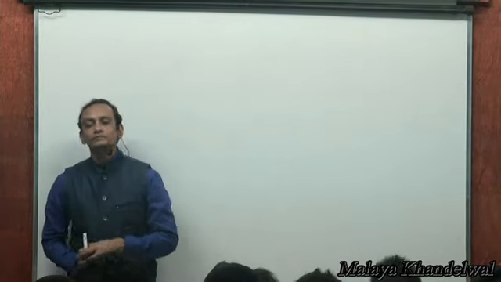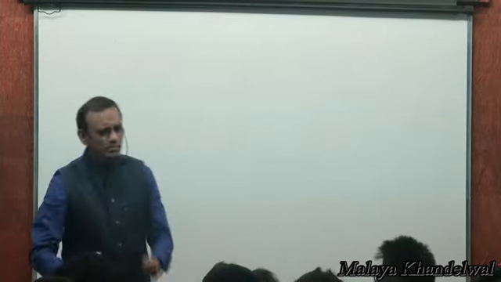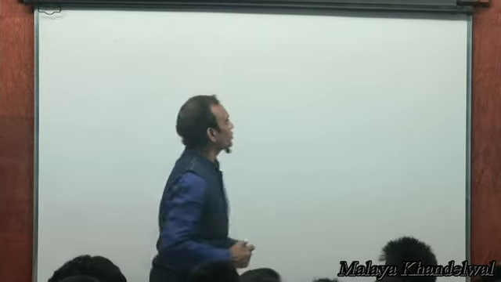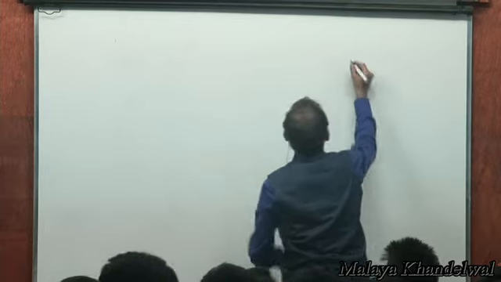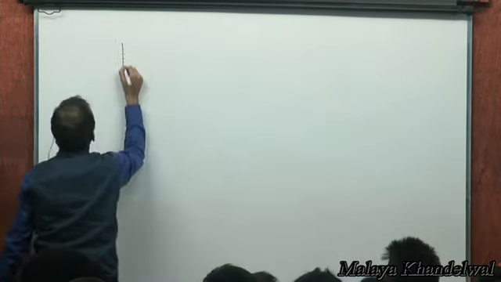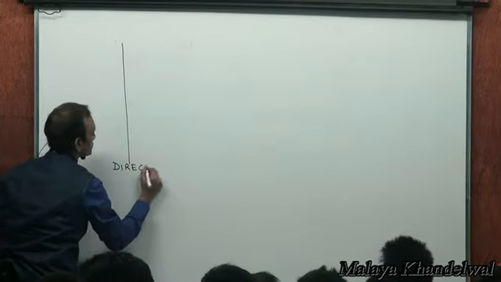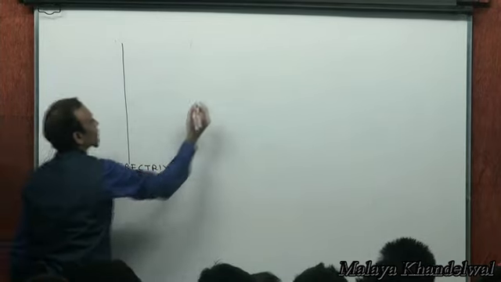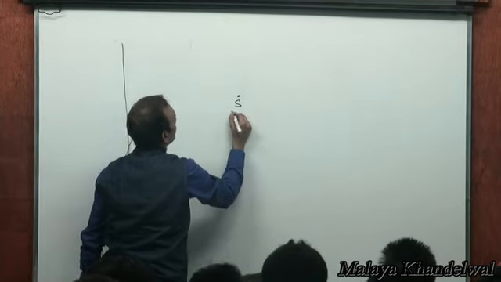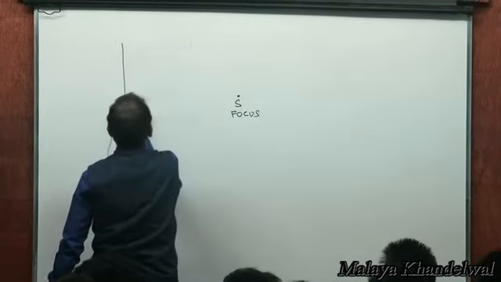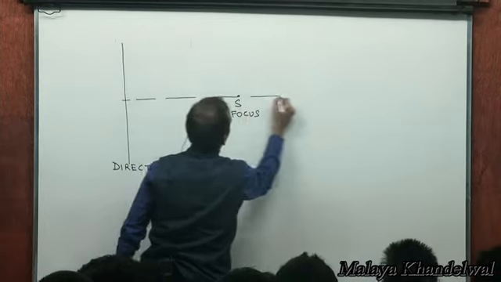Now, with this background intact, let's go ahead and look at a conic section. First of all, just to reiterate, this is a fixed line, the directrix. This is a fixed point, the focus. And this is the axis.